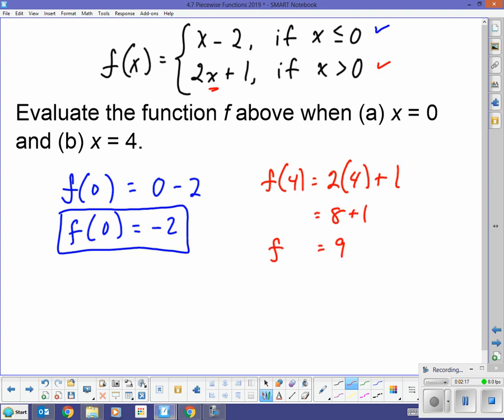So the value of f when x equals 4 equals 9. I've evaluated the same function for two different x values, but each part of the function is different because the value of x is different, as defined by this domain up here.